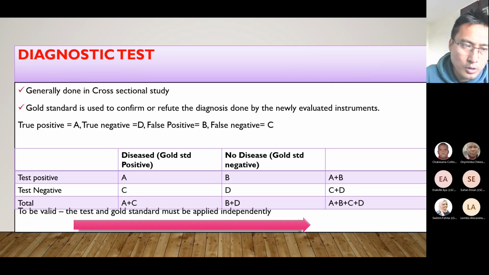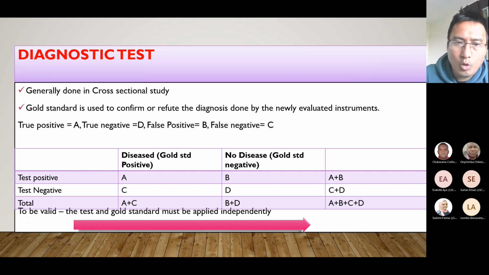So the new test that you have, you put it over here: test positive, test negative. In this one, true positive is this one, true negative is this one, this one is false positive, and this one is false negative. Are you guys clear how you make a 2x2 diagram for cross-sectional study?